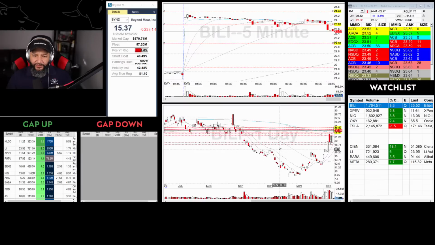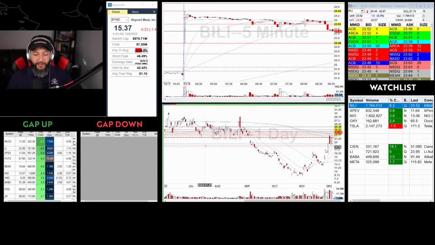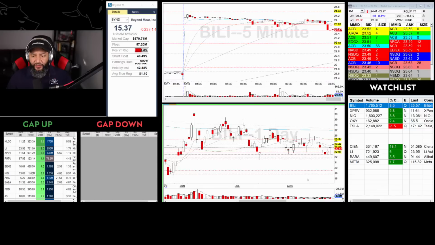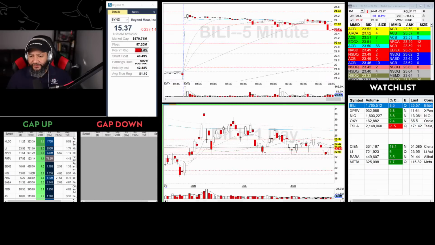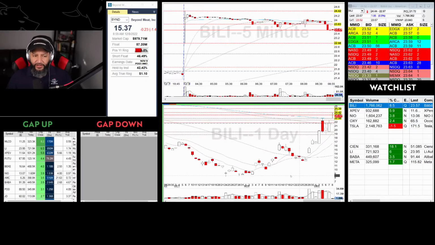Let's look to the left and see what we have towards the top here. Right over here about 25.40 looks like. 25.40, another level on the daily. Not the best daily, right? And this is kind of like when we talk about these overseas tickers, their daily can be very choppy at times. You got stuff like Neo and Baba, which trade a little bit better because they get so much volume.